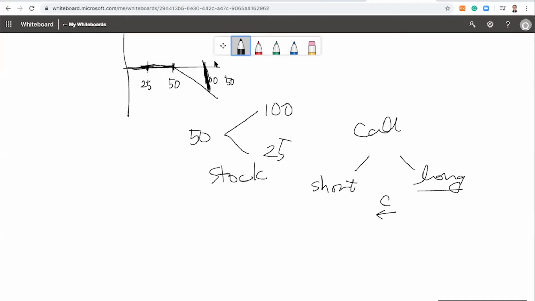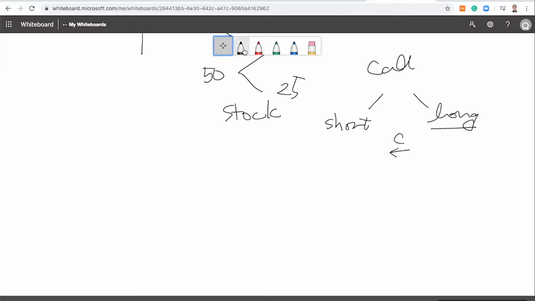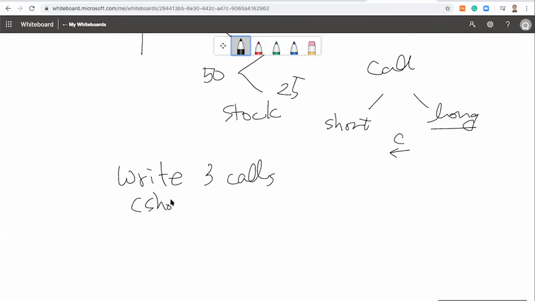And then in the paper, it says write 3 calls. It actually means taking a short position in 3 calls. Since we take the short position, we can get money from the long position people.